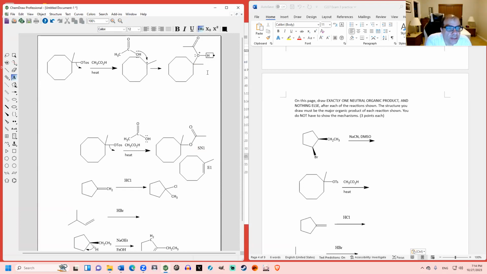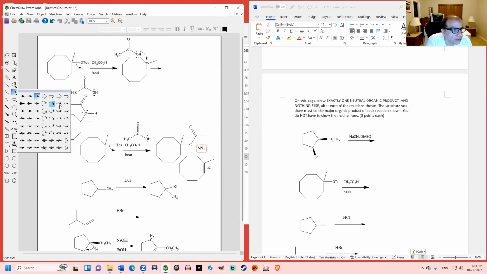So you get this intermediate, and now we just need something to pull that proton off. I have to be honest, this is actually a bit of a lie, but it's the way I want you to learn it, because that way it'll be consistent.